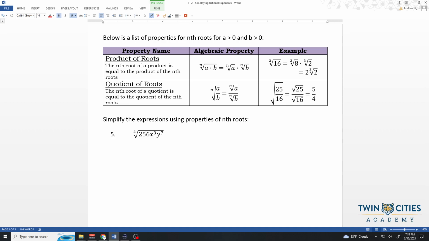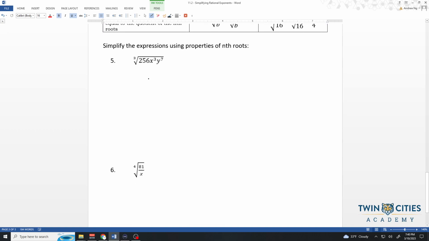Let's look at some examples of these. Number 5, we've got the cube root of 256 x to the third y to the 7th. Okay, so 256, if I break that up, that is the same as 2 to the 8th power.